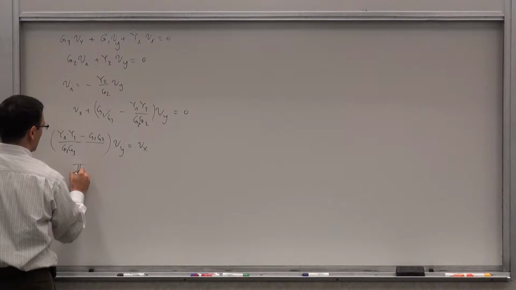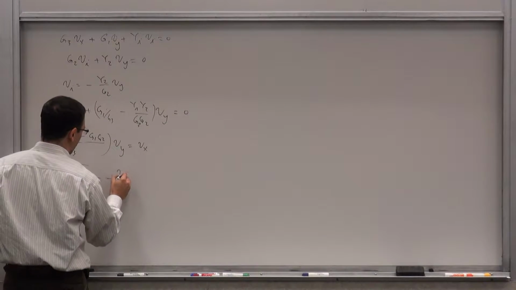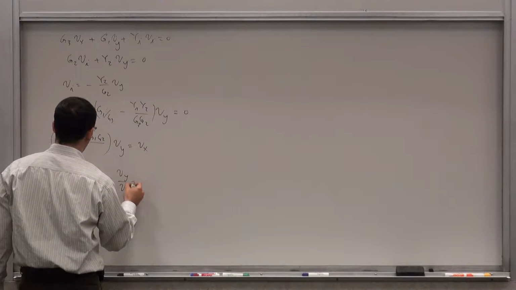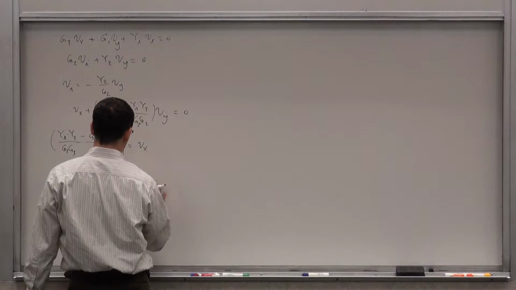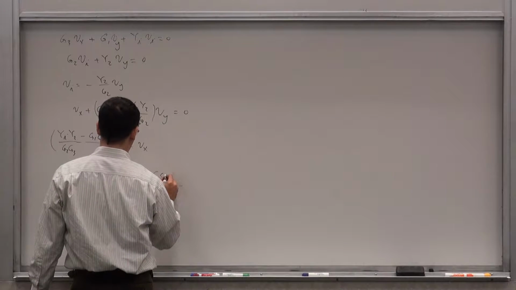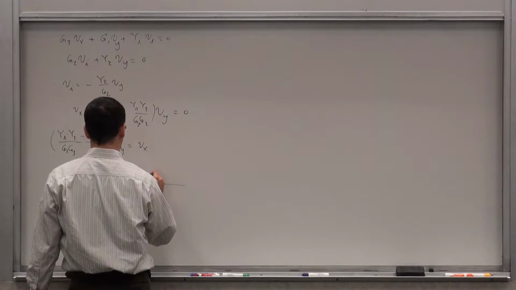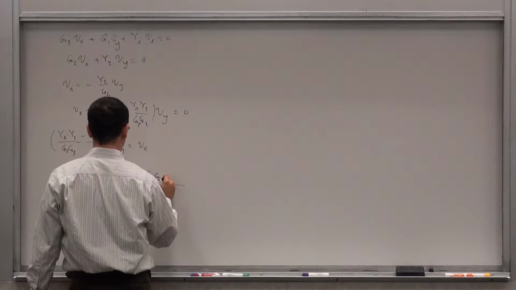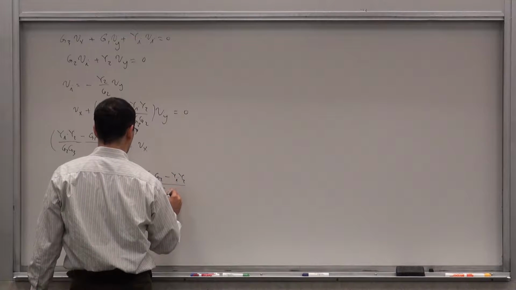And therefore TFV, the forward voltage loop gain, by definition Vy over Vx, is going to be minus that. So you can write that minus G2 G3, or let's just write it as G1 G2 minus Y1 Y2 G2 G3.